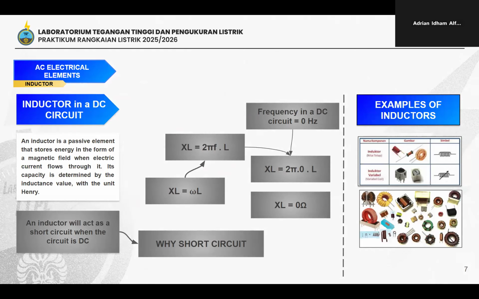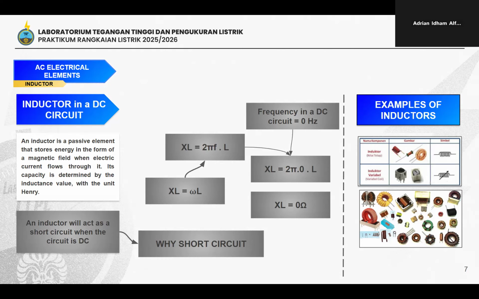First, AC electrical elements. The first one we will learn about is the inductor. Inductor in a DC circuit. An inductor is a passive element that stores energy in the form of a magnetic field when electric current flows through it.